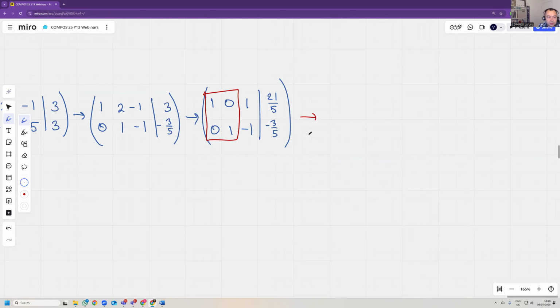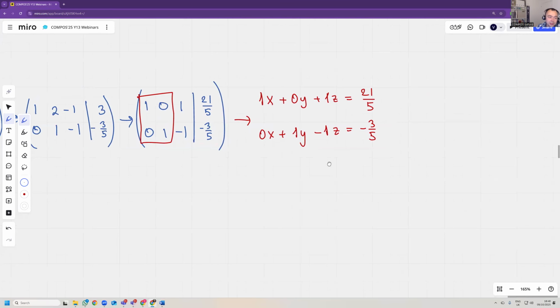And here we just rewrite it in the form. So 1x plus 0y plus 1z equals 21/5. 0x plus 1y minus 1z equals minus 3/5. And from here, we can see that x can be written as minus z plus 21/5.